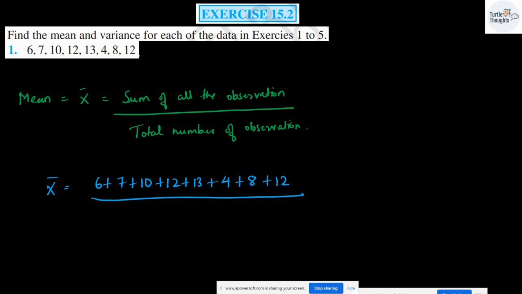How many numbers do we have? 3, 3, 3 and 2. Right. So 8 numbers we have.